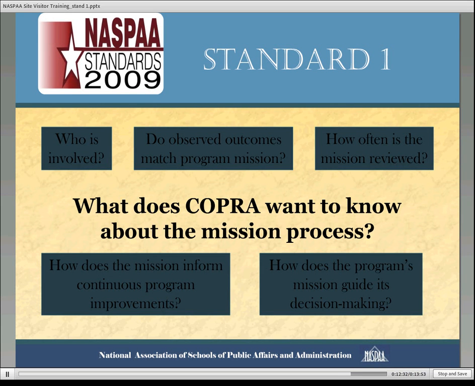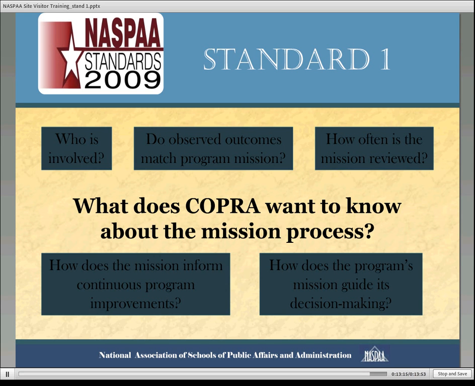So that really gets to the overarching issue of basically how does the program's mission guide its decision making? And you'd like to hear a fairly consistent story about that from as many stakeholders as you talk to when you're at the site visit. Not just the program chair or program director, but also from faculty, potentially from employers, potentially from others. You're looking for how all of that happens. So again, I can refer back to the USGAO model of performance assessment, program performance assessment for efficiency and effectiveness.